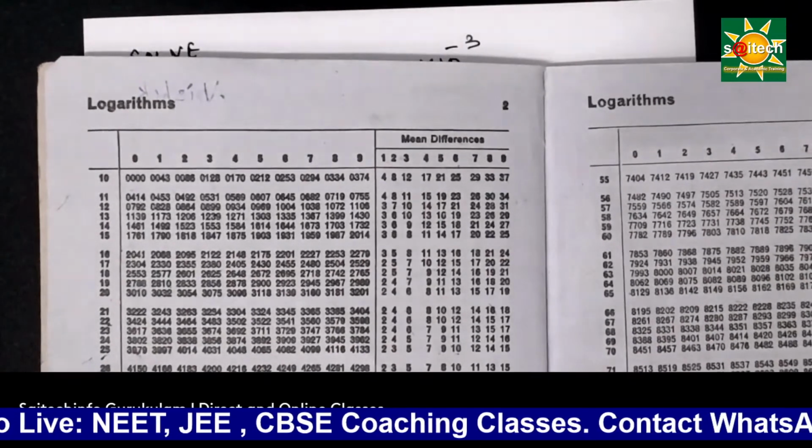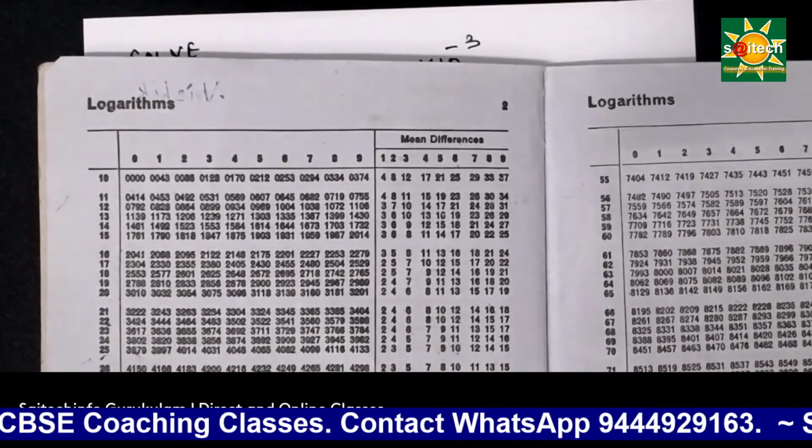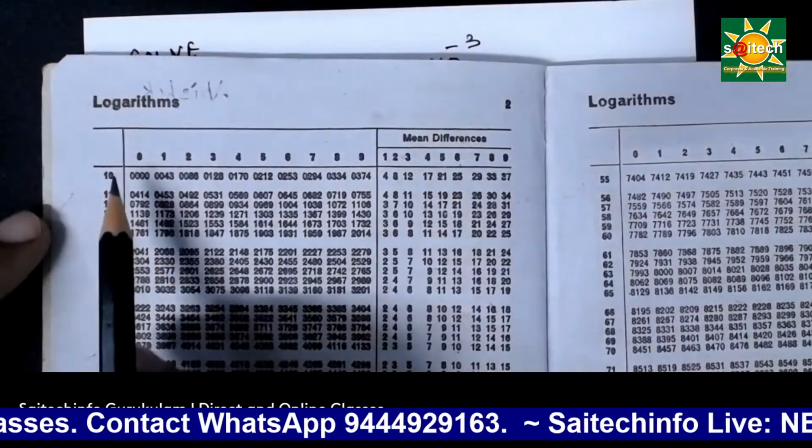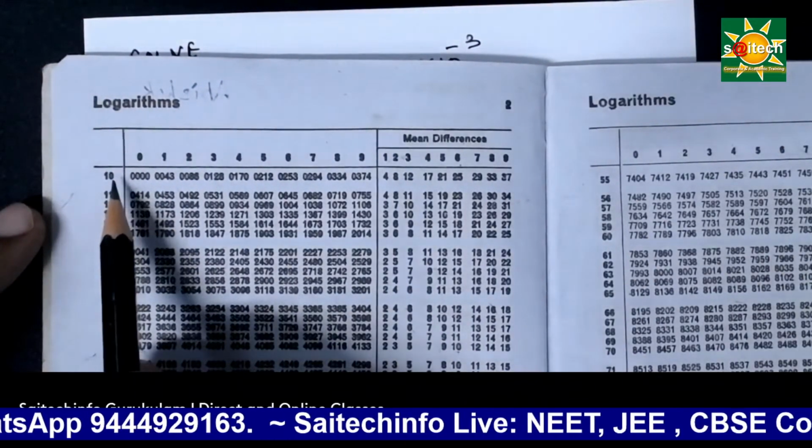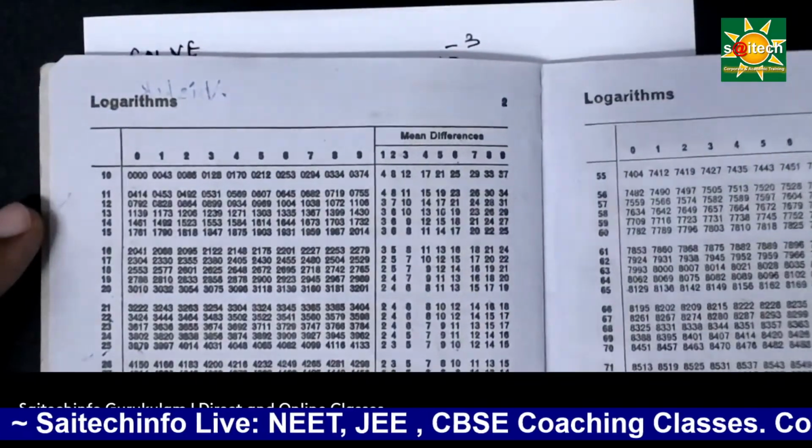So this is the logarithm table where you can find, that is, it starts from 1 0, that is 10, and vertically it goes like this.